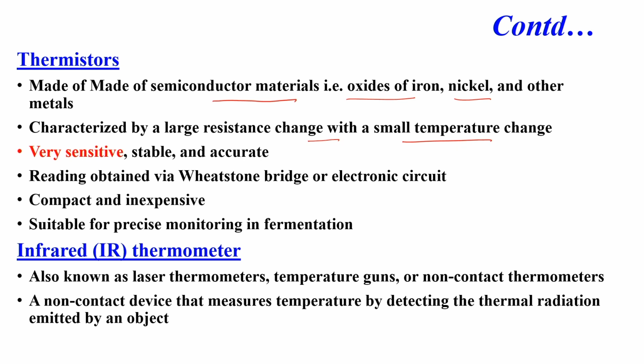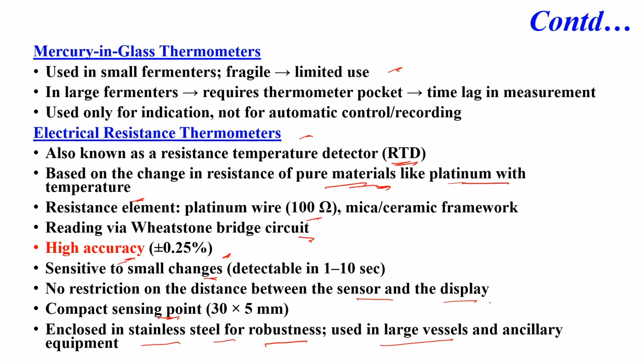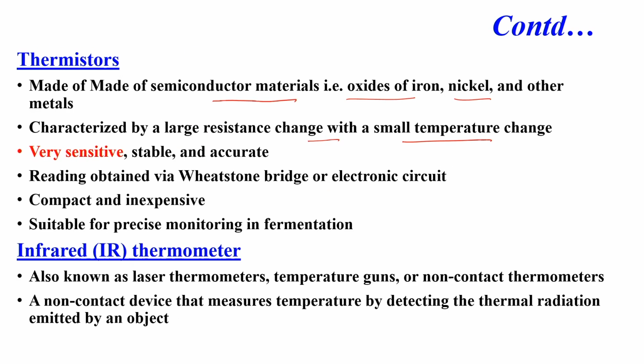RTDs are highly accurate, and thermistors are very sensitive as compared to RTDs. They are stable and also accurate, and the reading can be obtained similar to the last one, with a Wheatstone bridge or electronic circuit. They are also compact and applied in large scale bioreactor operation.